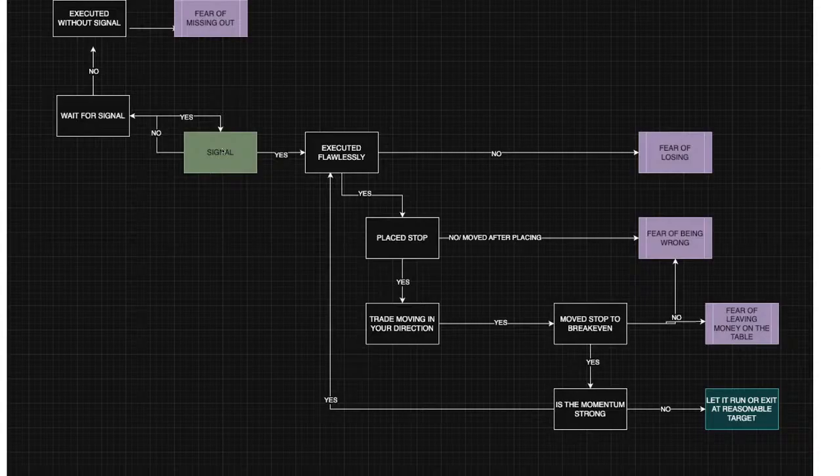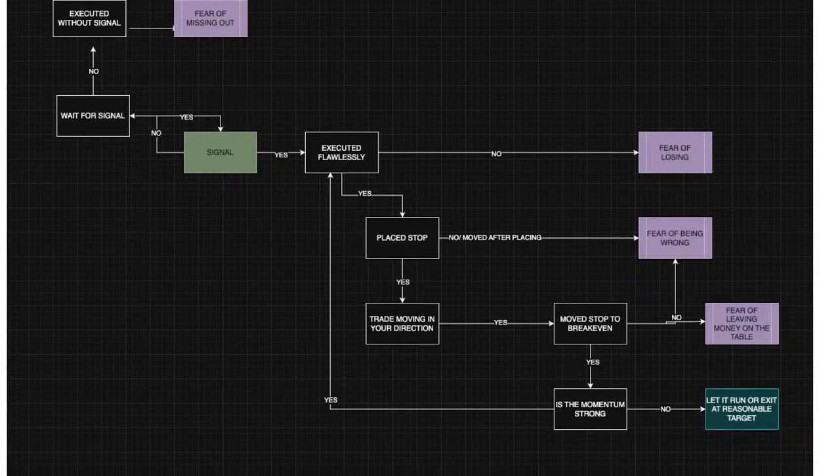And then as soon as you see a signal, did you execute it flawlessly or not is the next question. And this is really important. We never know what is going to happen next, whether this trade is going to be a loser, a quick loser, a winner, or a very big winner.